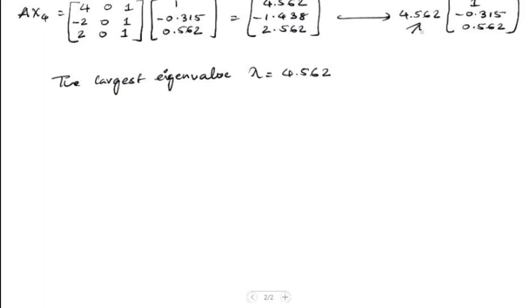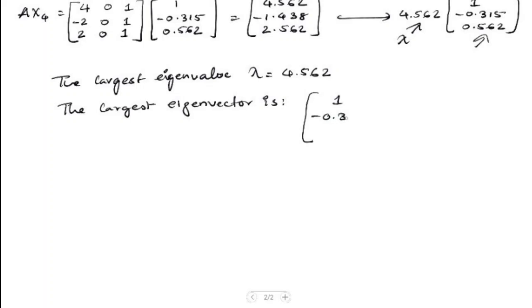So this is our lambda here, and the eigenvector corresponding to the largest eigenvalue is the eigenvector, this one here. So that is 1, minus 0.315 and 0.562 here. And that's the end of task 1.